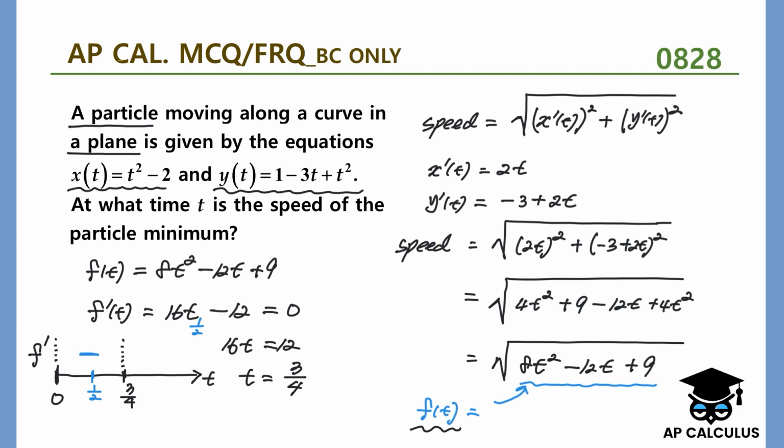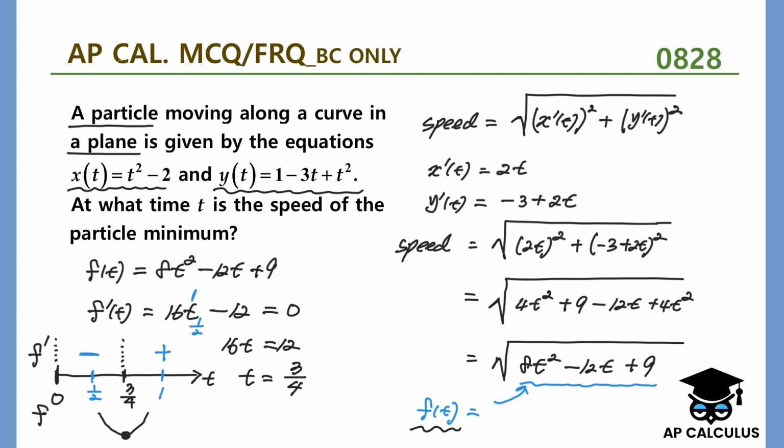What if t is equal to 1? Then 16 minus 12, that's positive, right? So the sign of f prime changes from negative to positive at t is equal to 3 over 4, which means f is decreasing on this interval, increasing on this interval, right? We do have a minimum at t is equal to 3 over 4, right?